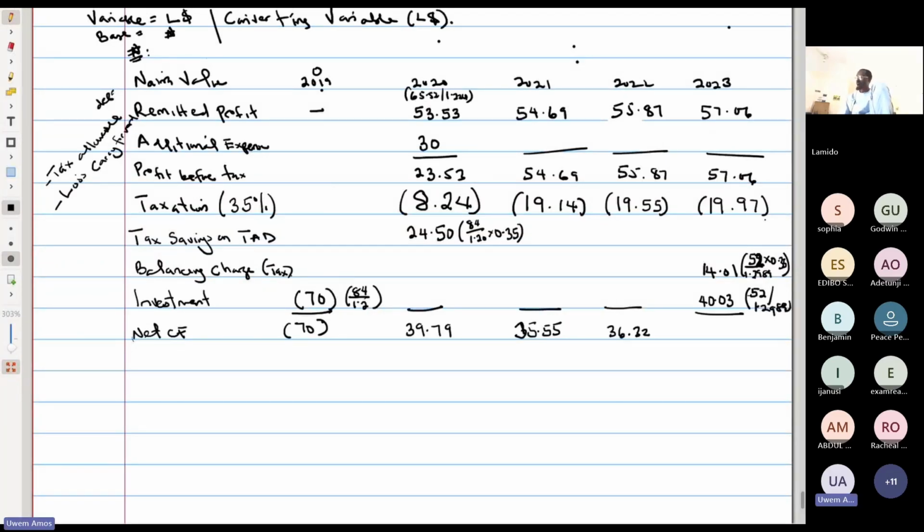What's wrong with us? We're paying tax. I'm putting it in positive. So we didn't put our bracket. Okay, so minus again 14.01. And then finally plus our disposal of the scrap value, 40.03. That gives us 63.41.